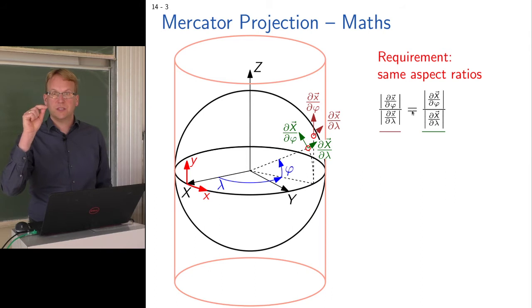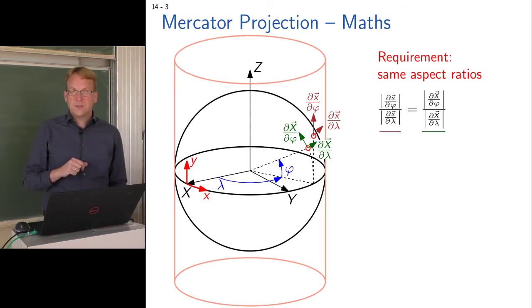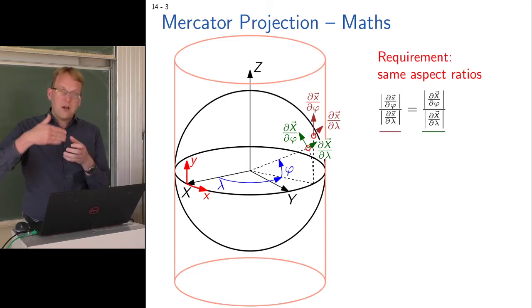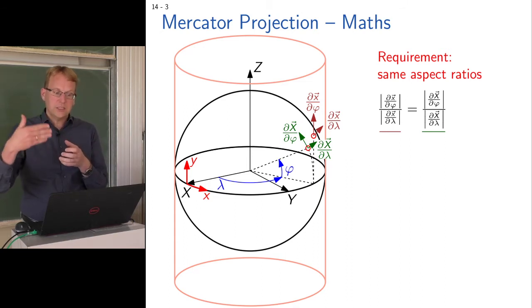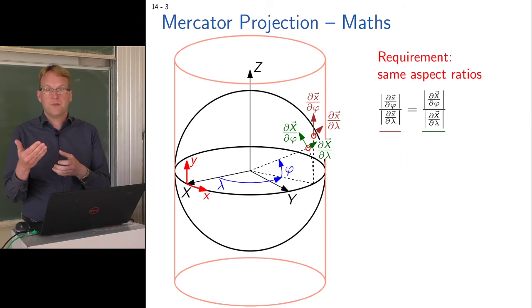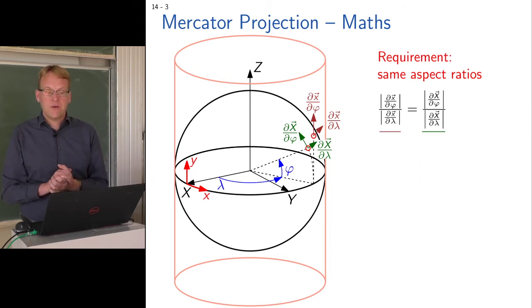And with the equation symbol here, we say they have to be the same. That is our requirement. So what I'm going to present next is, starting with that requirement and taking an analytical approach, what would be the correct map projection? What would be the correct function f defining our Mercator projection?